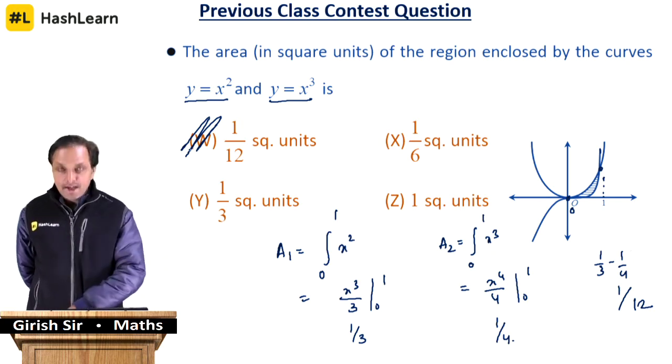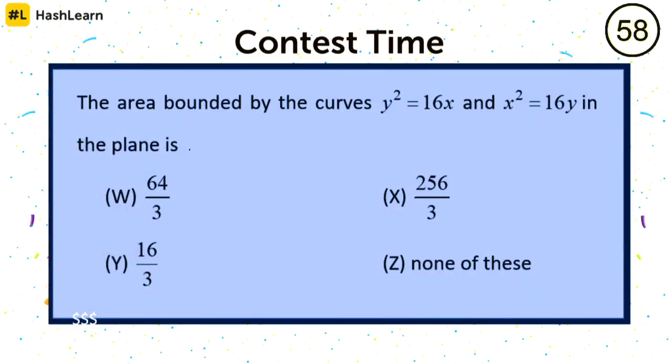Ready? You will have 60 seconds, and here is the problem. Very simple problem where you have two parabolas, one on right side and one on left side. Let me see who is going to respond first.